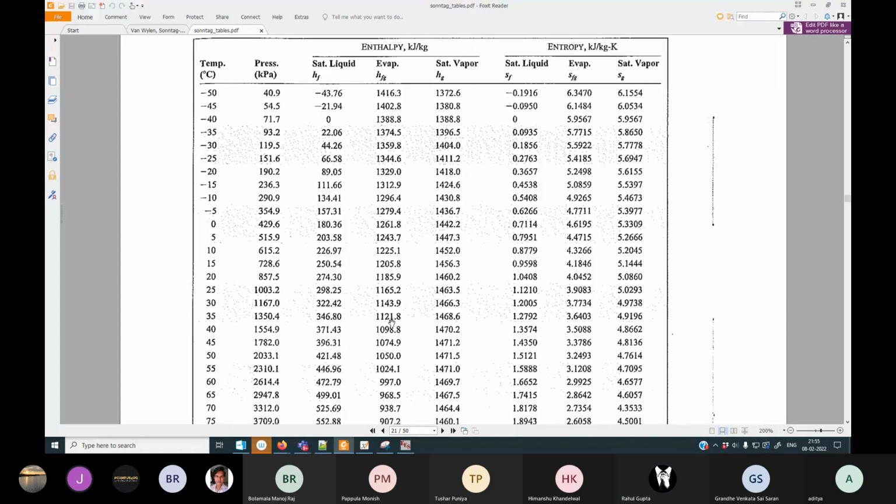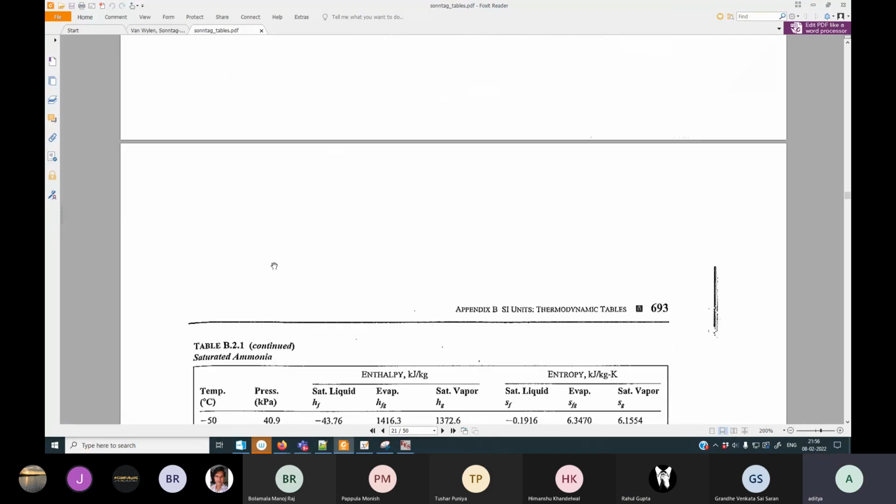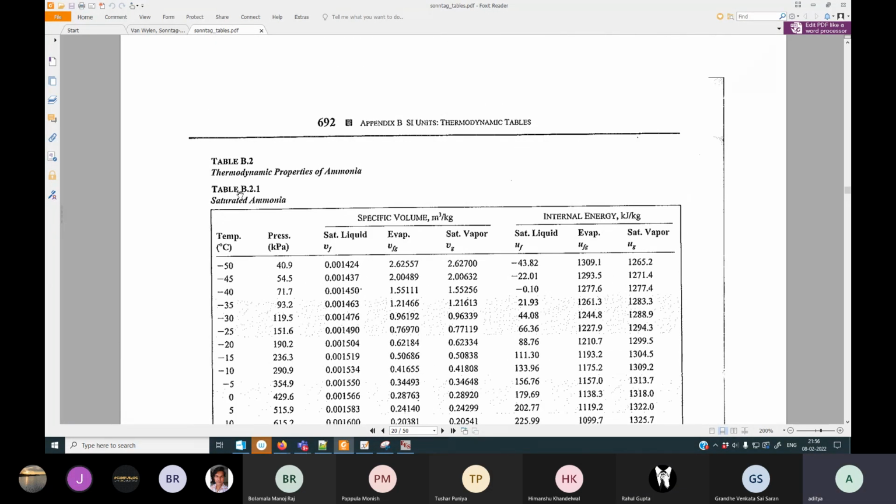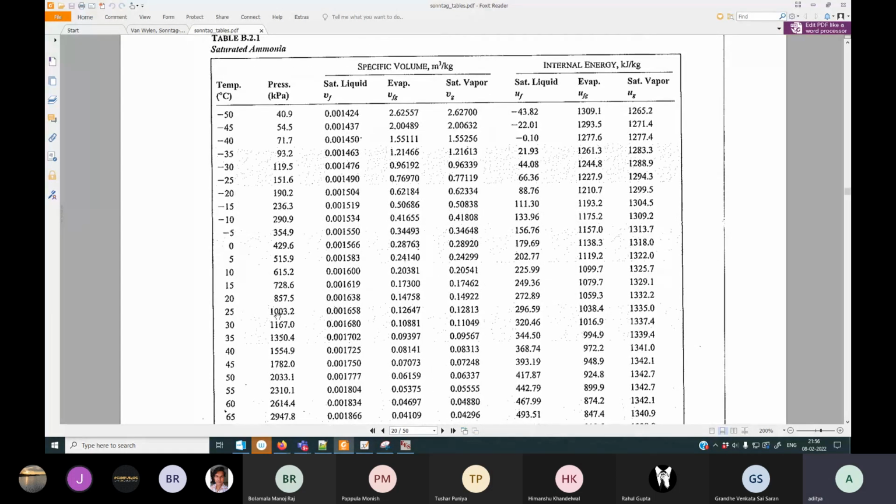Yes, sir. So let us look at ammonia. We are looking at table B.2.1. The pressure is close to 1000 kilopascal. And over here, what do you see? You see that the vapor specific volume is 0.12813.